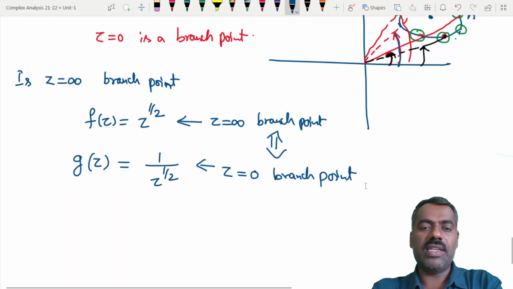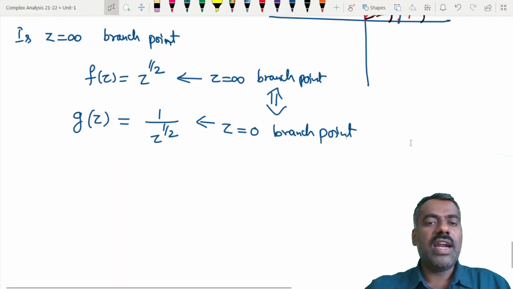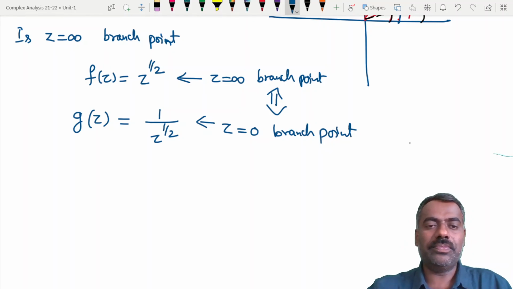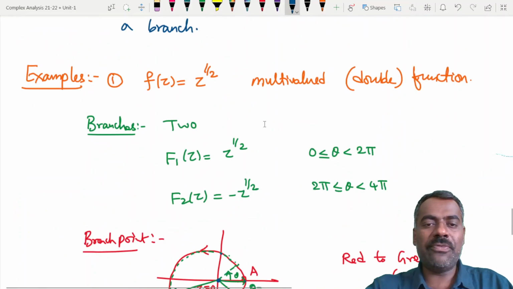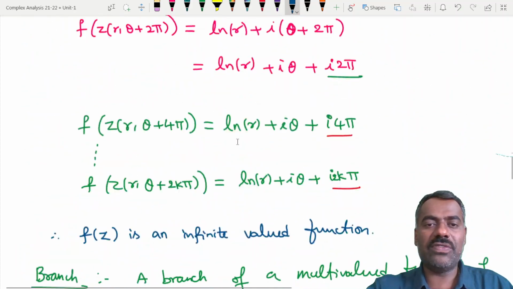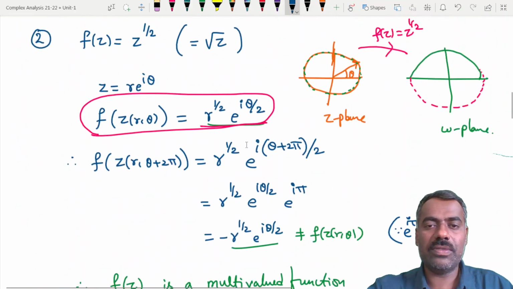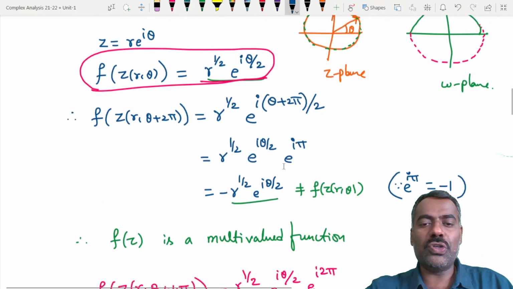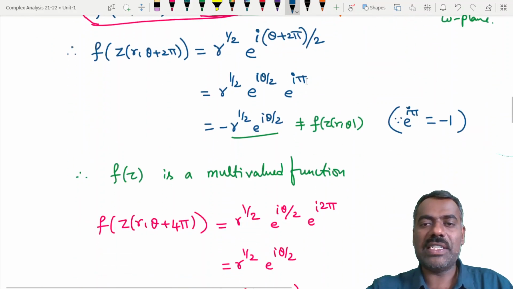Is that clear? Yes or no? Now you can check that this is the same as z power minus 1 by 2. So for the same function, whatever you have understood, this f of z is equal to z power half, whatever calculations we did, when theta goes from 0 to 2 pi, this value will change. Yes or no?